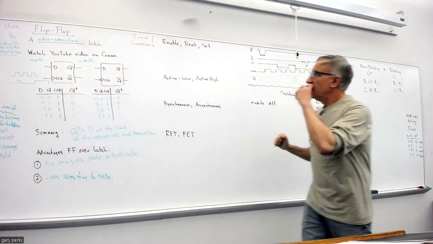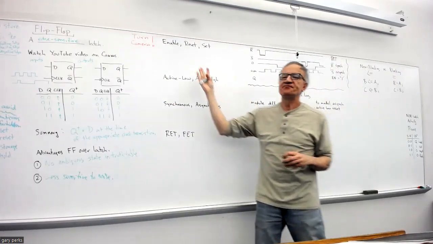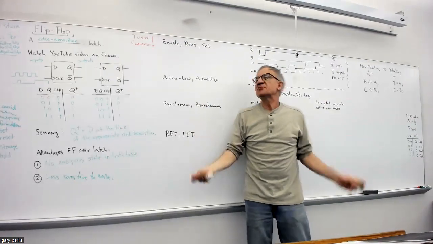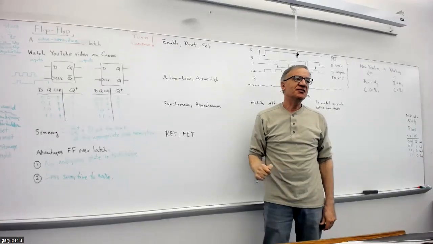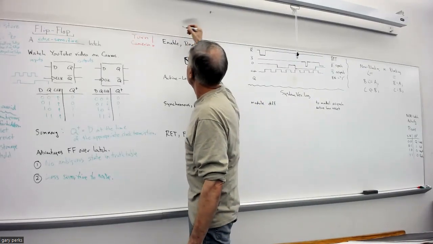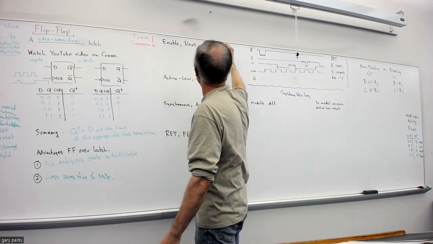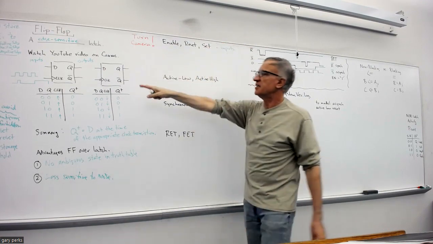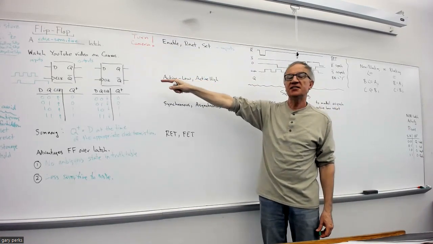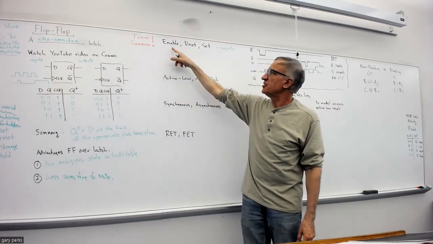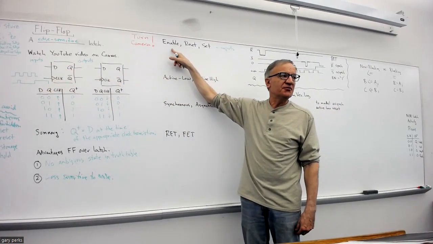Okay, but really useful flip-flops have additional inputs. Often, in addition to clock and the D input, because you always have these inputs, but often you'll have additional inputs to a flip-flop.